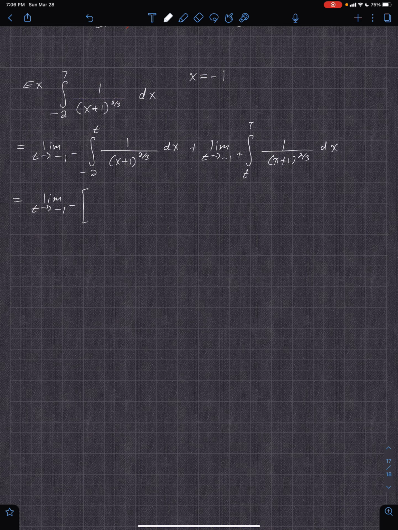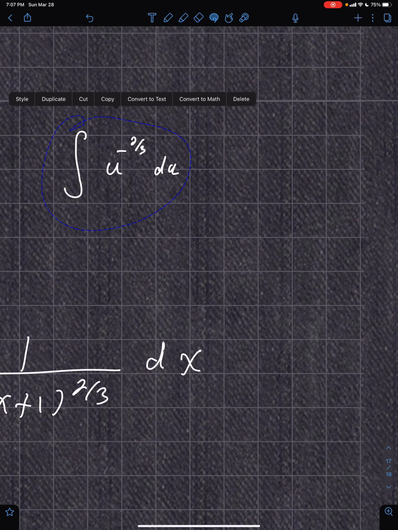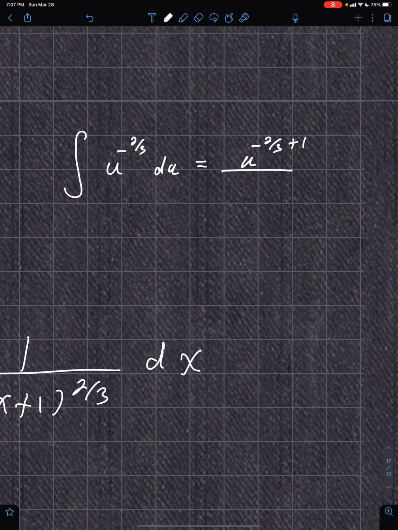So you really are doing the integral of u to the negative 2/3 du. I'll bring this over a little bit for you. And then that equals u to the negative 2/3 plus 1 over negative 2/3 plus 1, plus c.